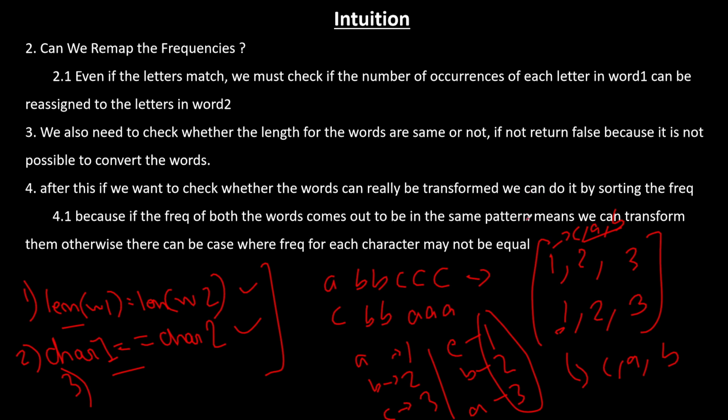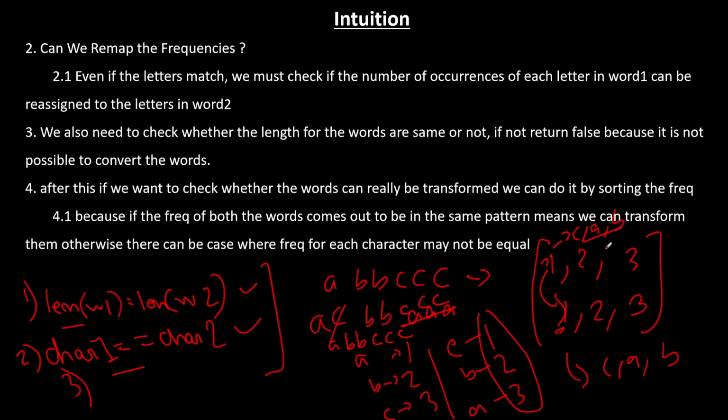Since the counts are the same, we can swap them. Like I can just cut this and convert it to A, and cut this and convert it to C. So we got A, B, B, and C, C. This is the output we got from it.